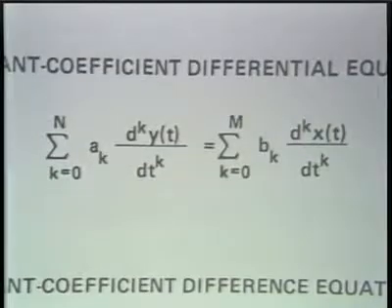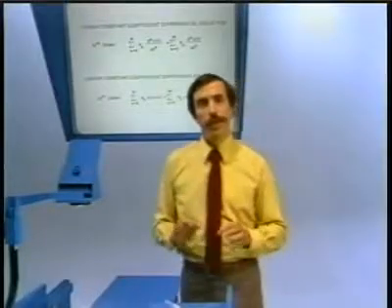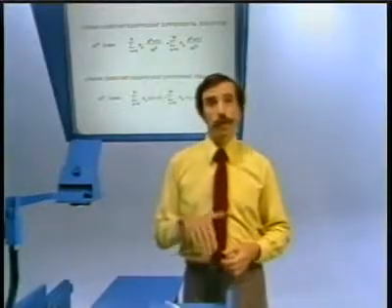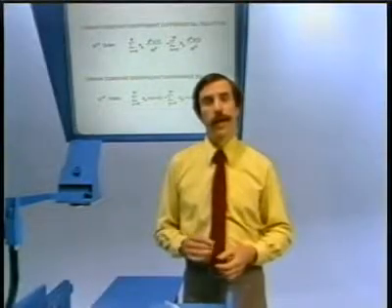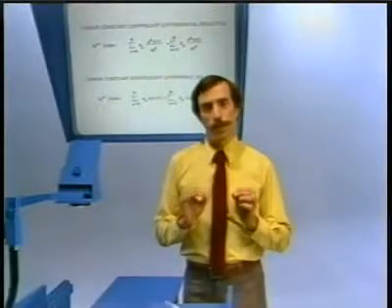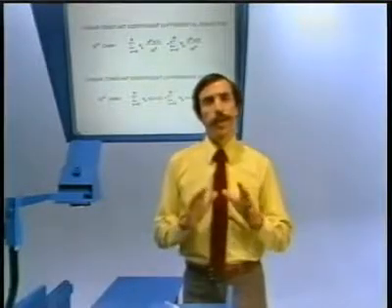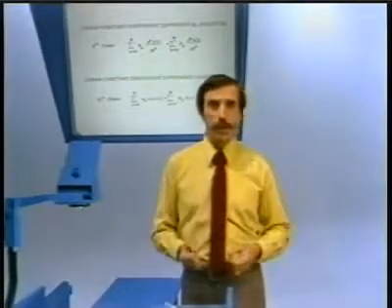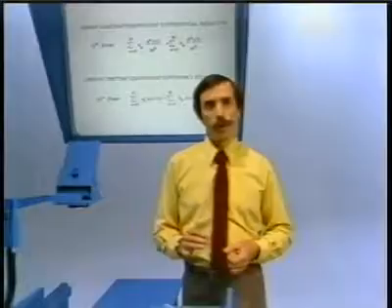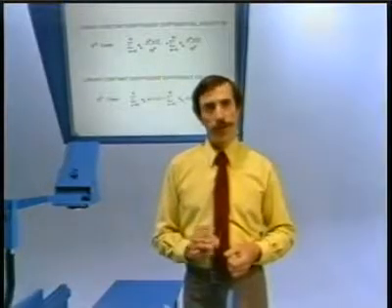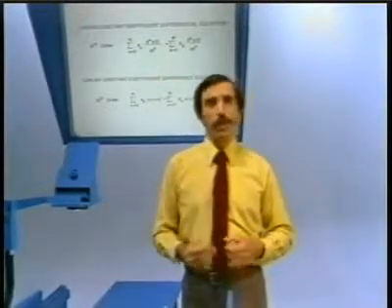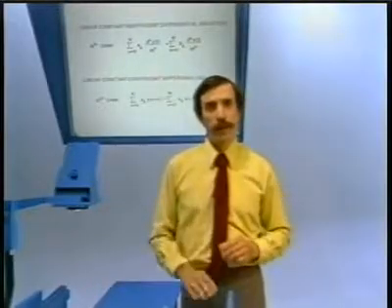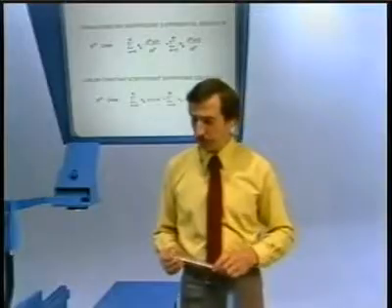And it's referred to as a constant coefficient equation, of course, because the coefficients are constant, in other words, not assumed to be time varying. And it's referred to as linear because it corresponds to a linear combination of these derivatives, not because it corresponds to a linear system. And in fact, as we'll see, this equation may or may not correspond to a linear system.